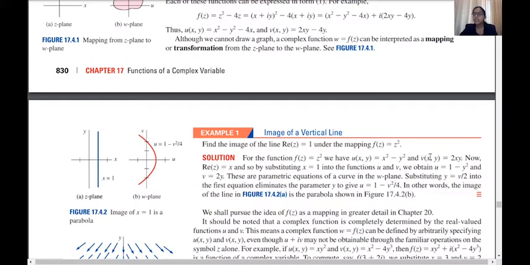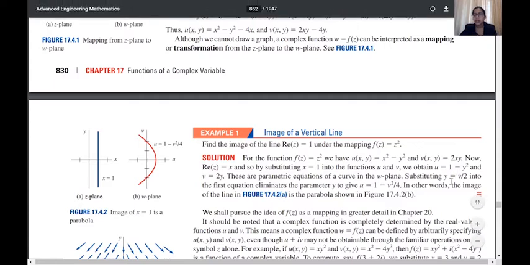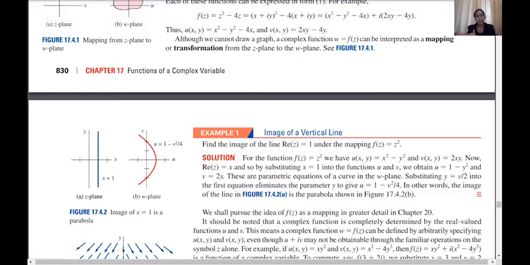Now v is equal to 2y implies y will be v by 2. So we'll substitute this value in u, that is u is equal to 1 minus v square by 4. So we'll get a relation between u and v. Then only we can map in the w plane, right? If we have a relation between x and y, that is x is equal to 1, there is nothing else.